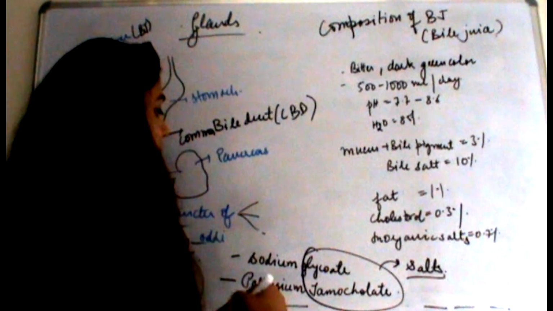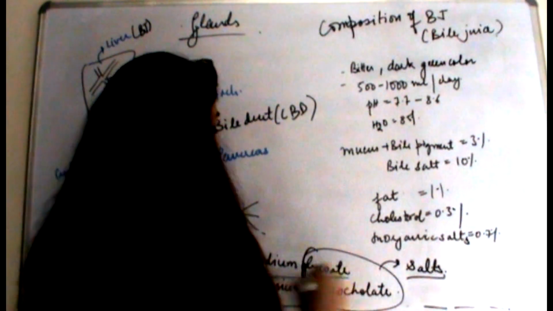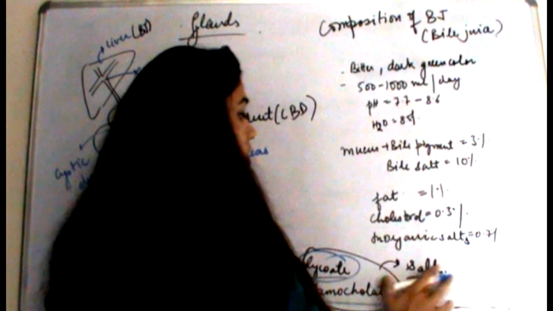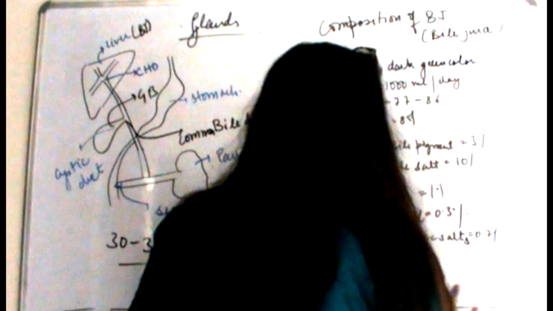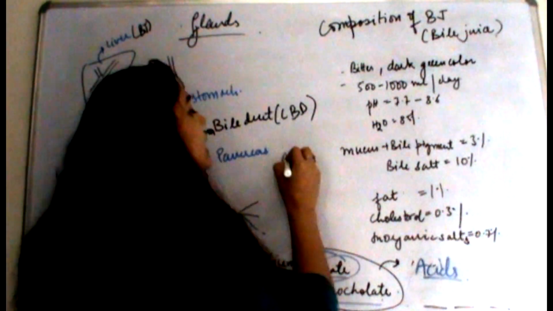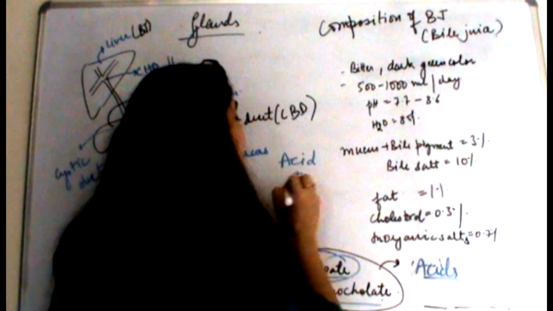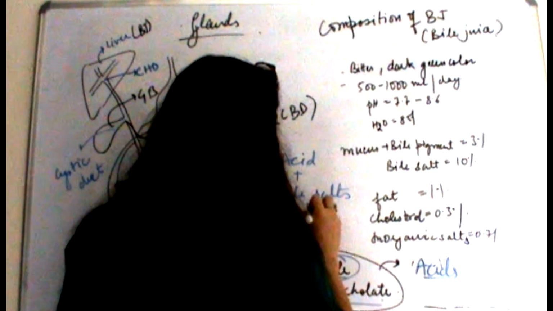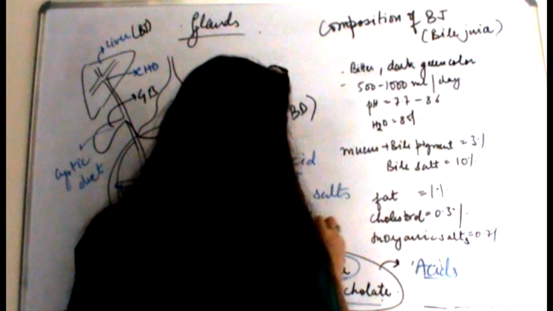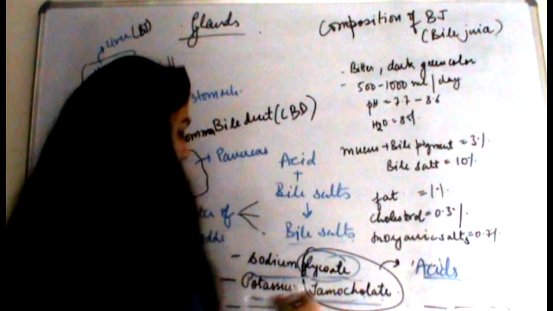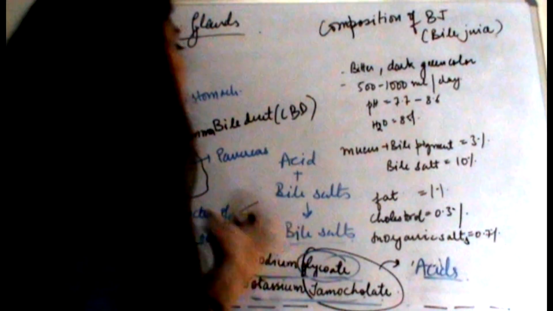So this whole is the salts. Now this refers to the acids, and when the acid is combining with the salts, it leads to the formation of bile salts. So this whole is the bile salts that we are talking about, right?